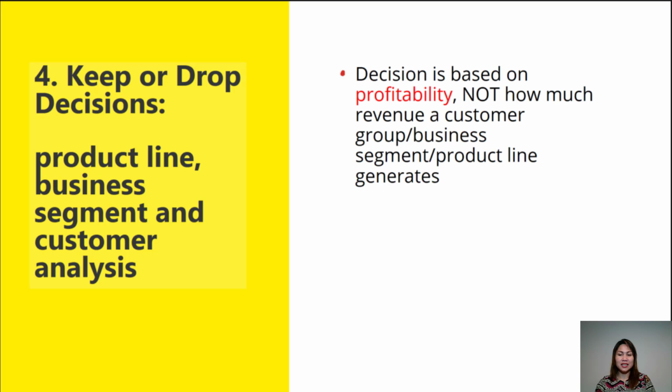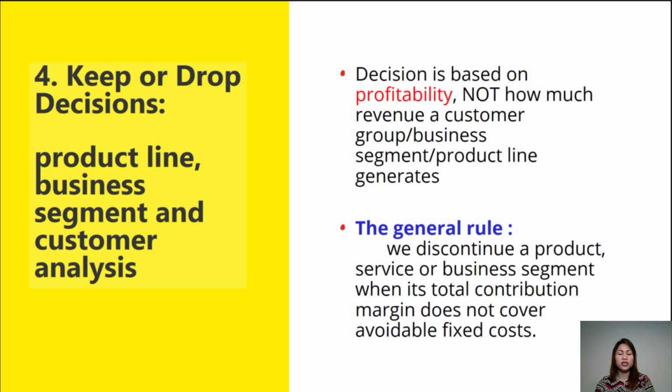Note that the decision should be based on profitability, not how much revenue a customer group, business segment or product line can generate. It means we should also consider all relevant costs associated with the product or segment being reviewed.